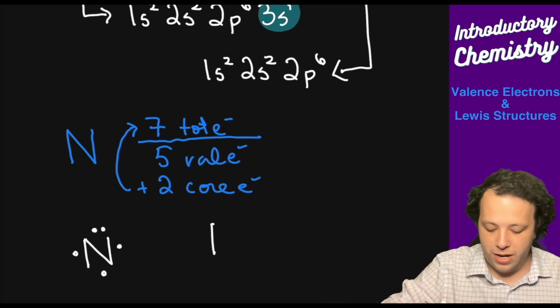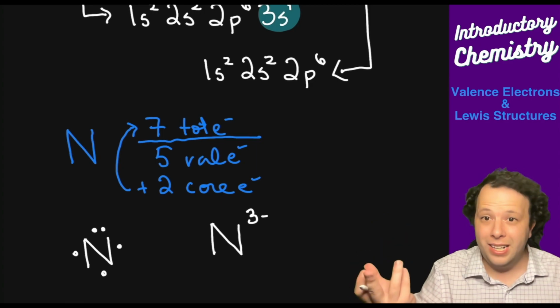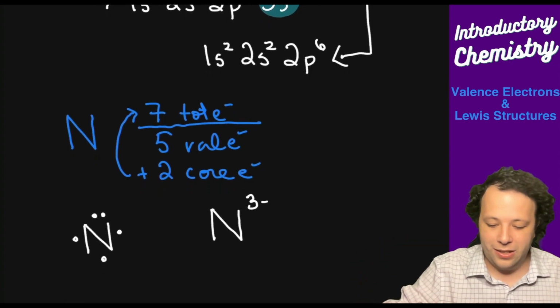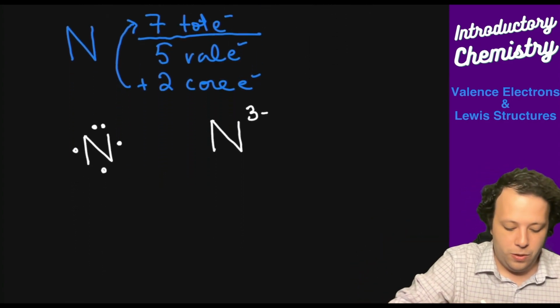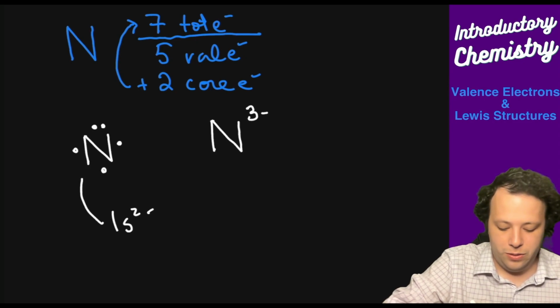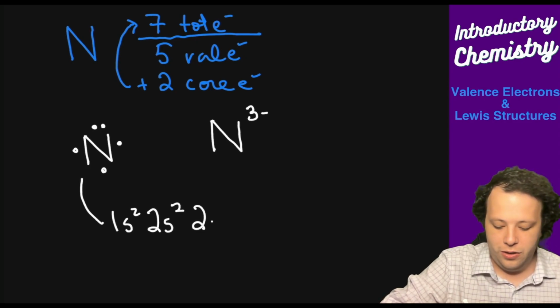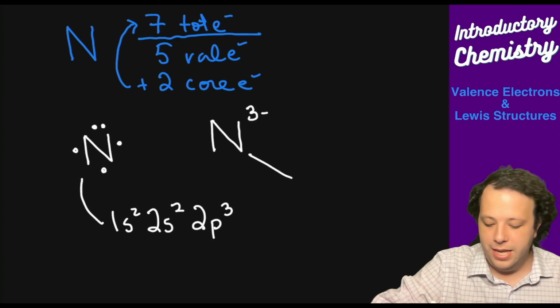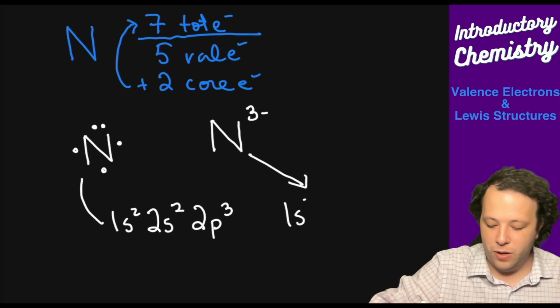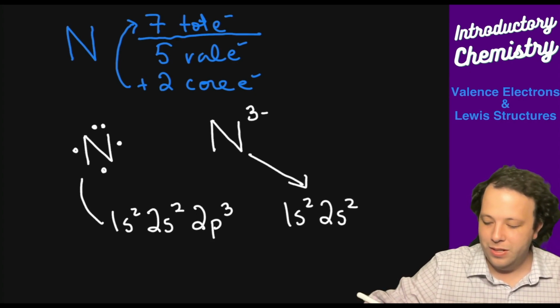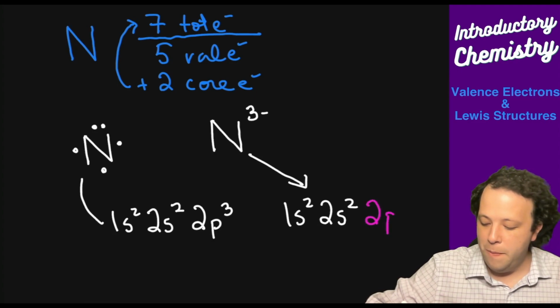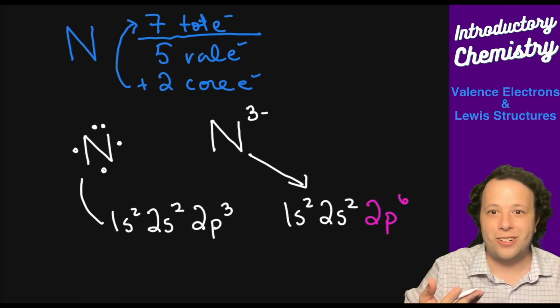Now let's try the anion form, right? If I tell you N3 minus, well, how is that going to be changing things? Well, being that this is 1s2, 2s2, 2p3, the N3 minus is going to be 1s2, 2s2, and this is going to be 2p6 as our change, right?